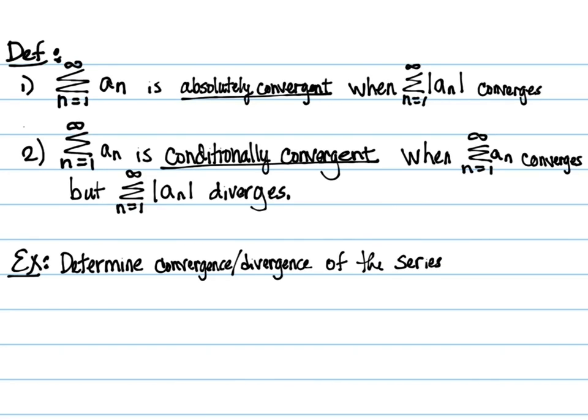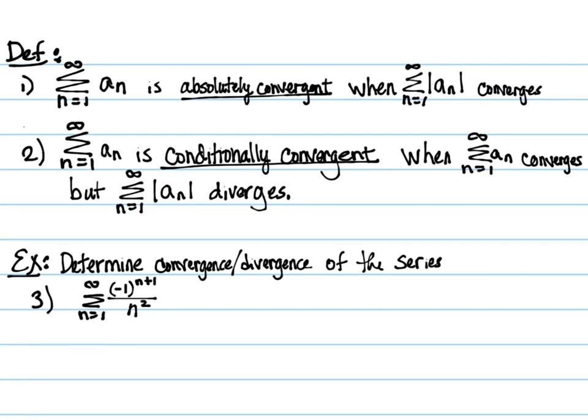Okay, and the first one we're going to do, this is example number 3, is the summation from n equal 1 to infinity of negative 1 to the n plus 1 over n squared.